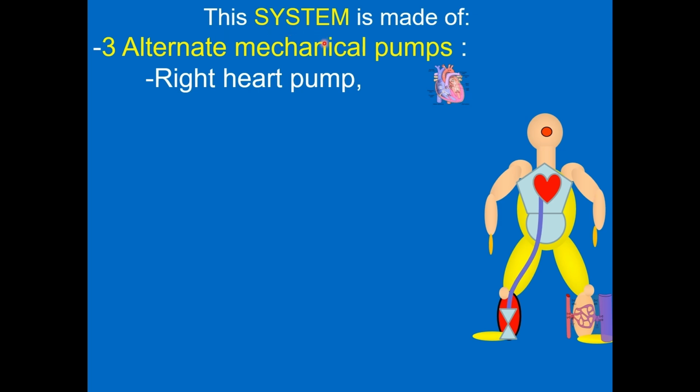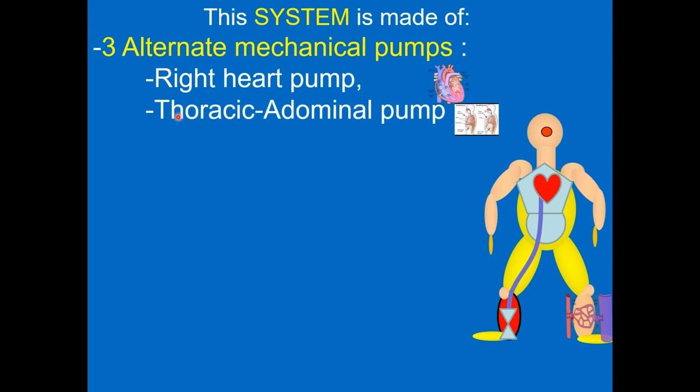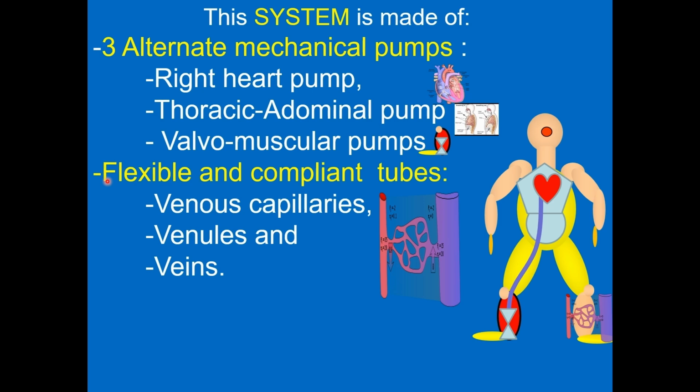This system is made of 3 alternate mechanical pumps: right heart pump, thoraco-abdominal pump, valvomuscular pumps, and flexible and compliant tubes, which are venous capillaries, venules, and veins.